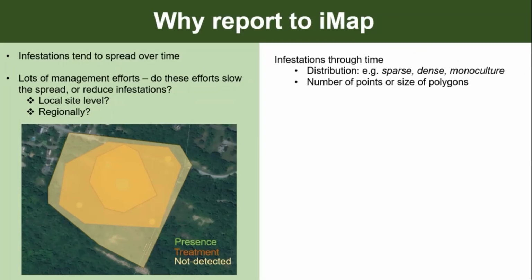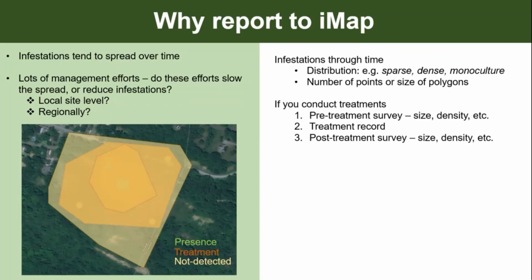So by looking at the distribution class that's selected for individual records through time, an infestation could go from sparse to dense to monoculture through the years, for example, or the number of points or the size of polygons could increase.